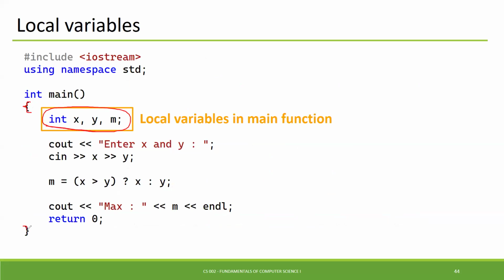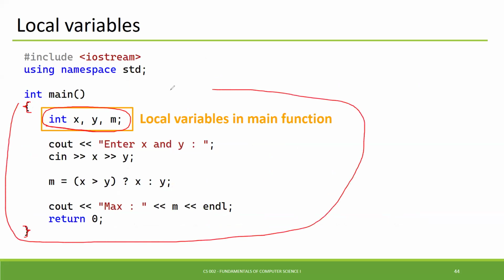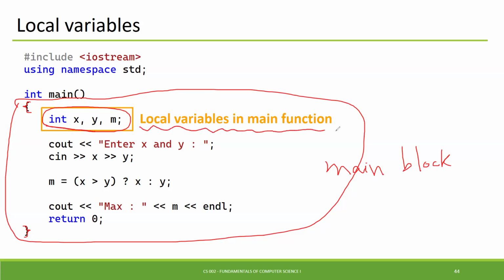This is the main block, from here to here. X, Y, and M are declared in the main block. So we say that X, Y, and M are local variables in the main function. It means that we can use X, Y, and M only in the main.